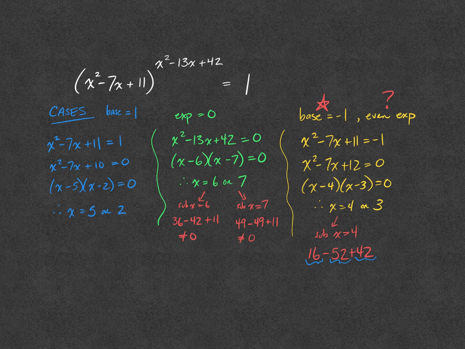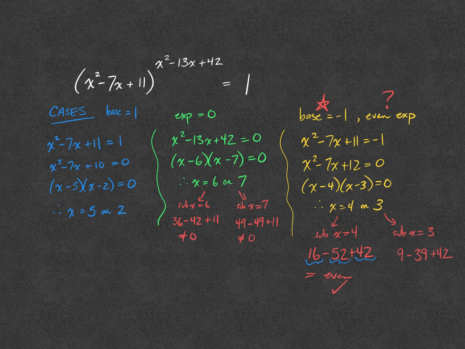So without even calculating that red, I can come to the conclusion that it's going to give me an even value, and therefore I can accept 4 as a solution for x. So let's do the same thing with our 3. I'm going to sub in x equals 3 up into my exponent. Well, my 3 squared is a 9, minus my 13 times 3 is 39, plus my 42.